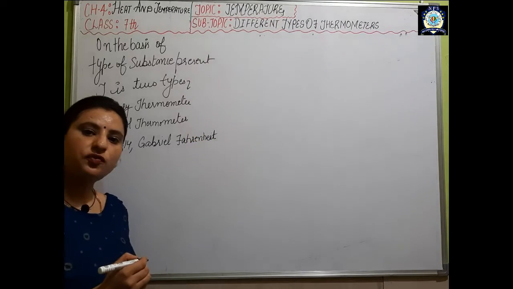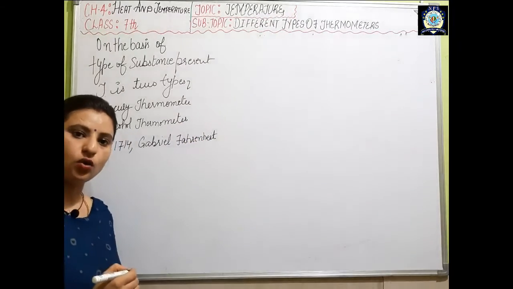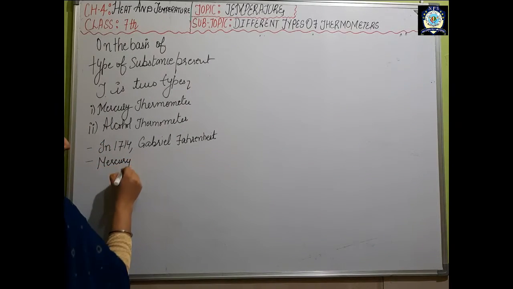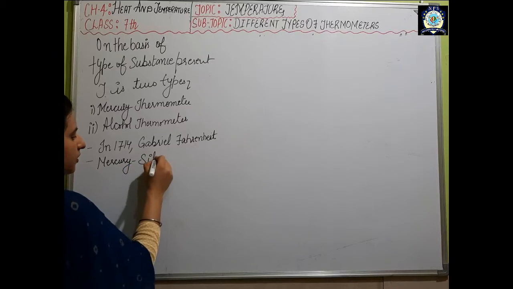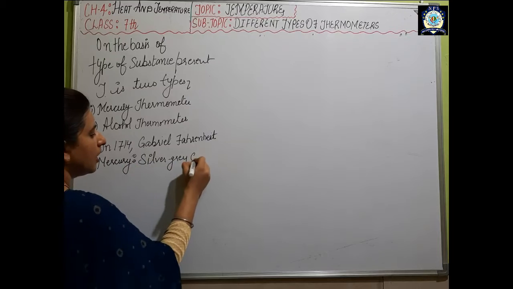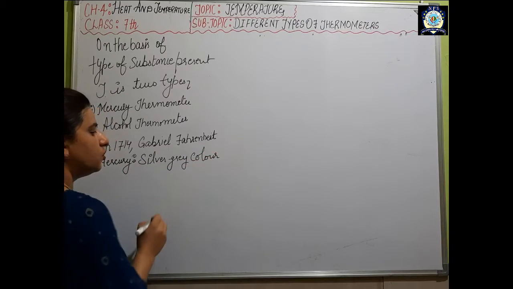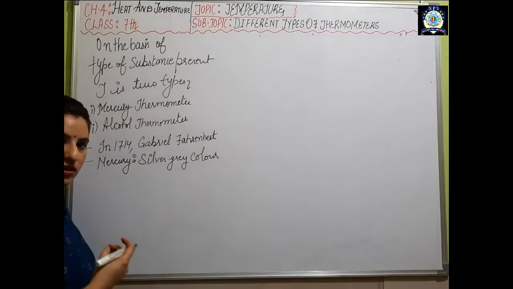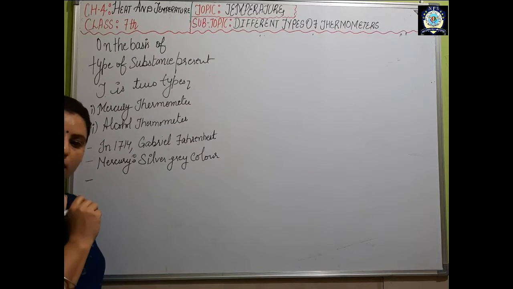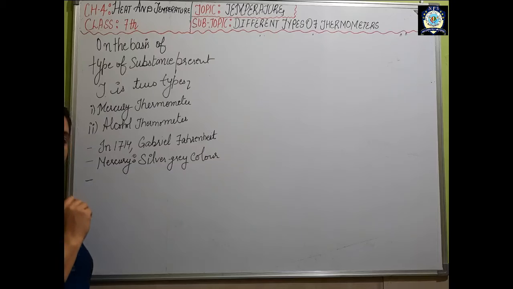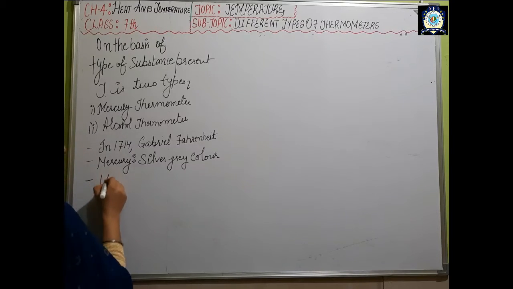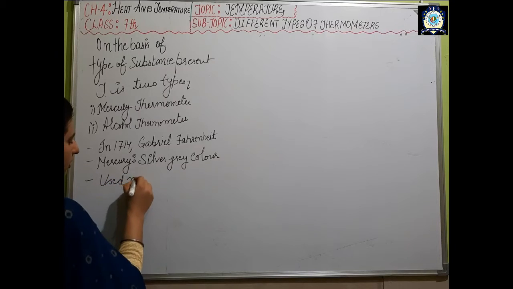He used mercury to find out the degree of hotness and coldness because mercury is of silver grey color, and due to this color we can easily find out the readings on the thermometer. This mercury thermometer is used most commonly worldwide.